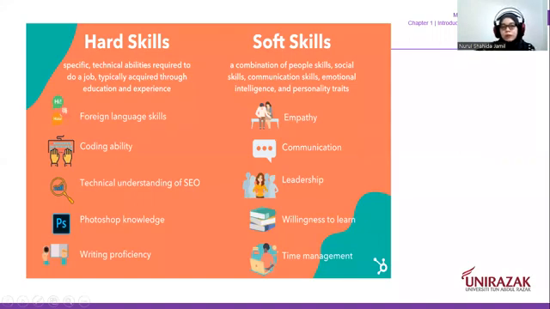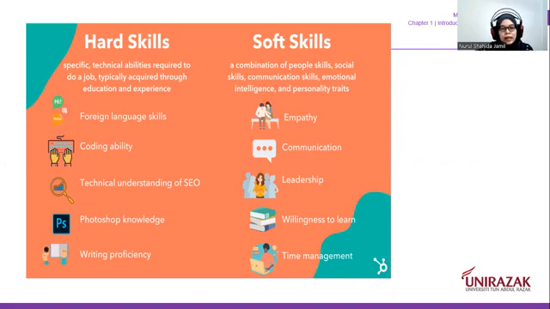Okay, we move to hard skill and soft skill. Hard skills are specific technical abilities required to do a job, typically acquired through education and experience. Examples of hard skills are foreign language skills, coding ability, technical understanding of SEO, Photoshop knowledge, and writing proficiency.